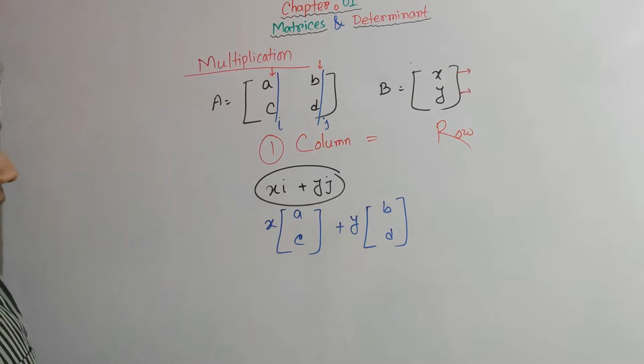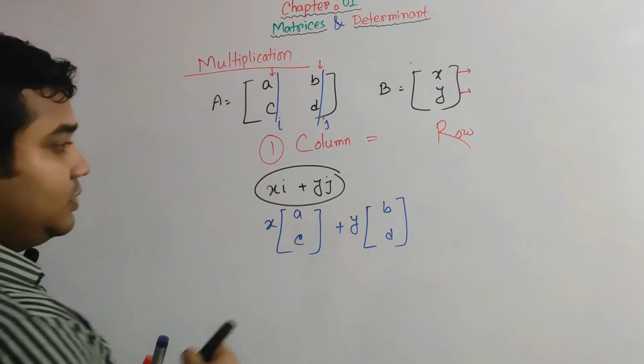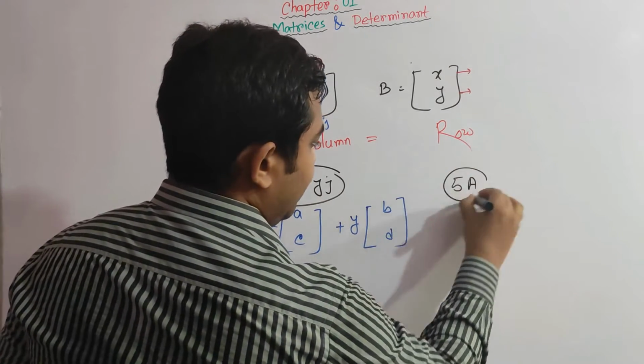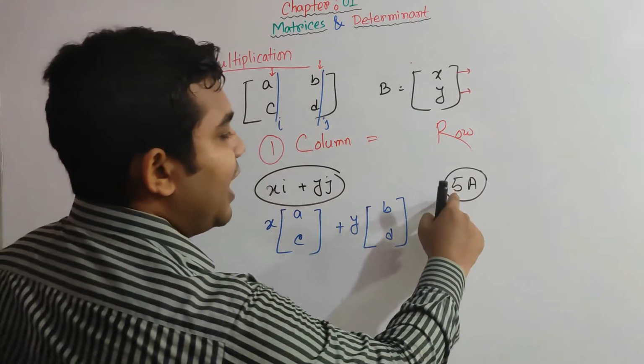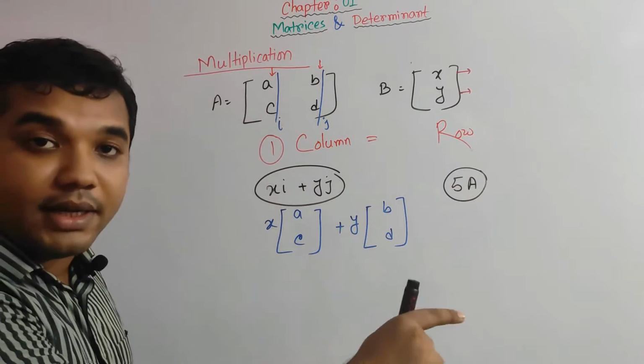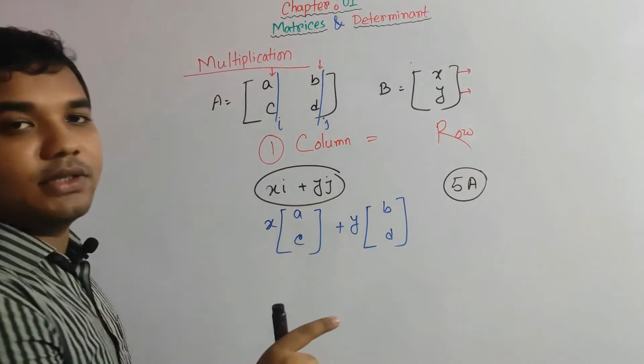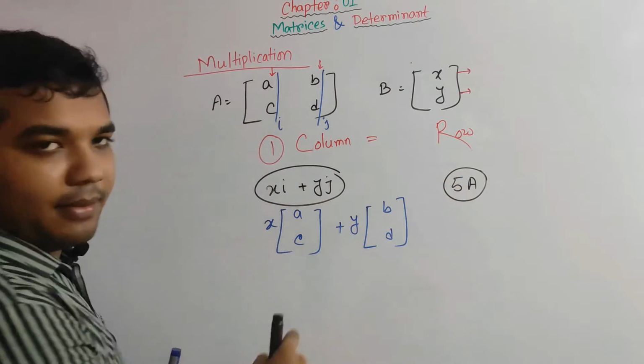Now we found 5A in the previous part. When I was talking about 5 multiplied with a matrix, that means every entry of the matrix is multiplied by 5, isn't it?